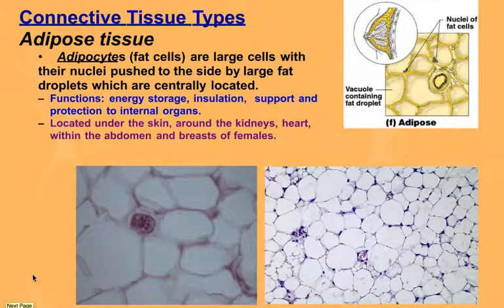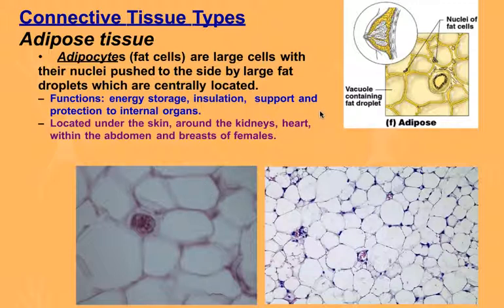The next type of connective tissue is called adipose. Adipocytes are the fat cells or the living parts of this tissue. And they look really strange because they are fat cells. They're storing fat. So the nucleus of these cells gets pushed to the side because the vacuoles that store that fat are so large they take up most of the space inside the cell.